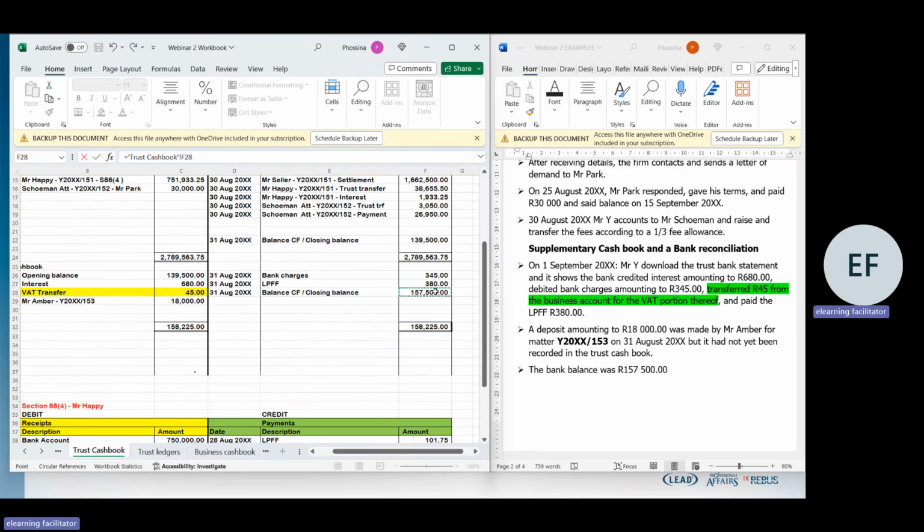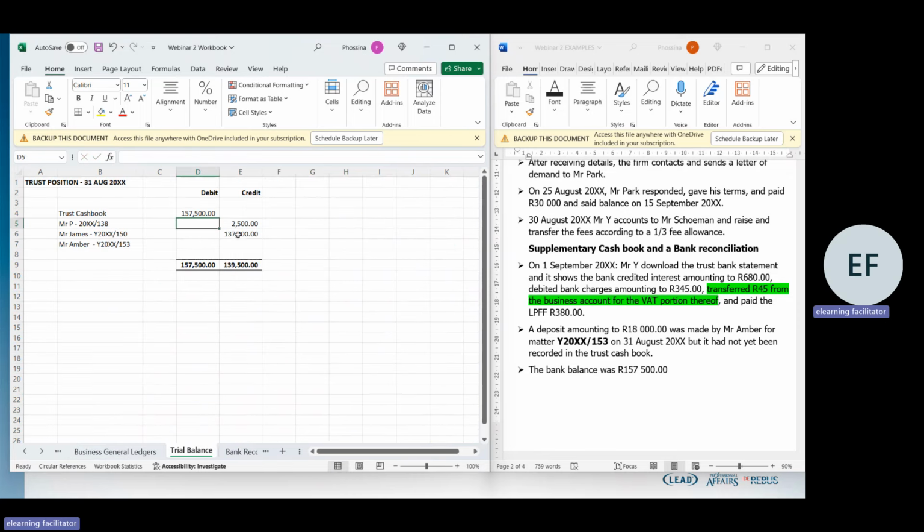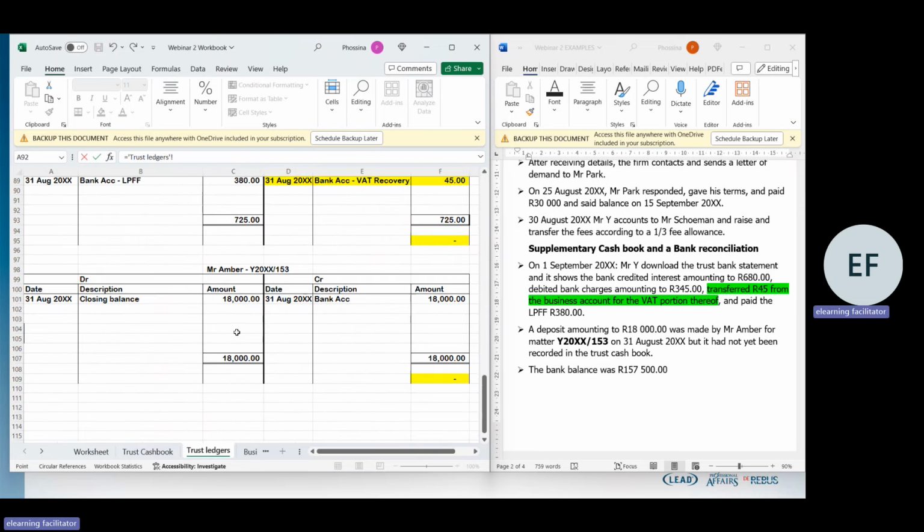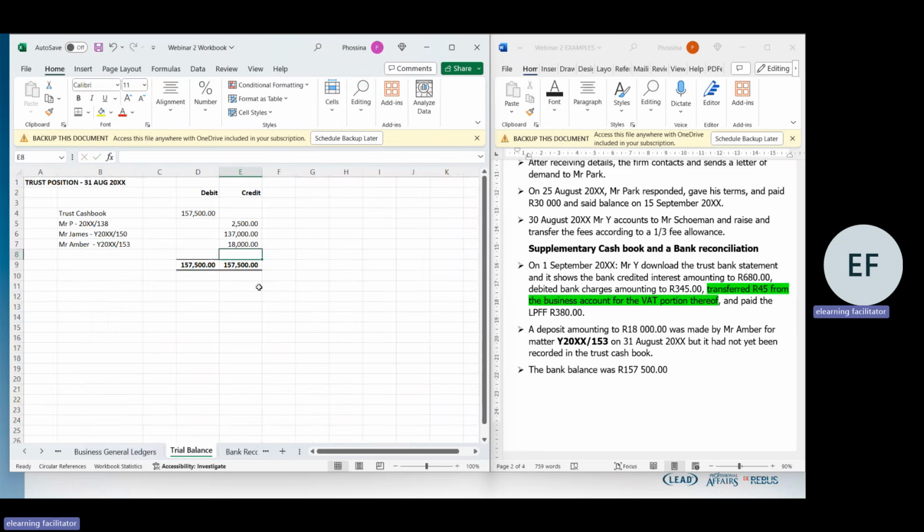So here we go, 157,500, and Mr. Ember. If we go to his trust ledger, there, Mr. Ember, this is the balance we are carrying forward. And if we have a look at it, we are balancing.